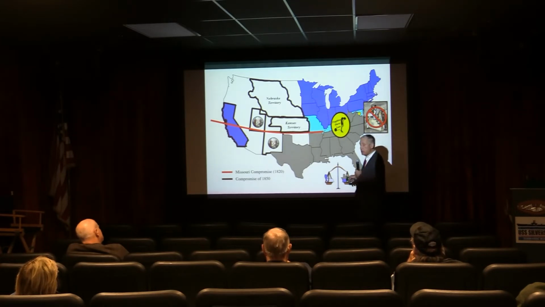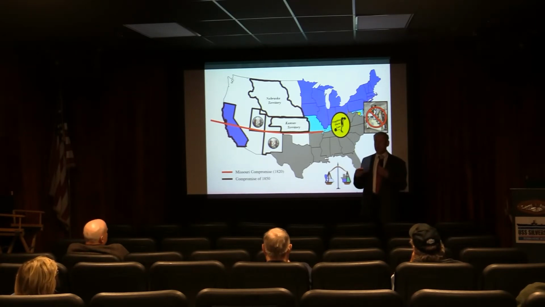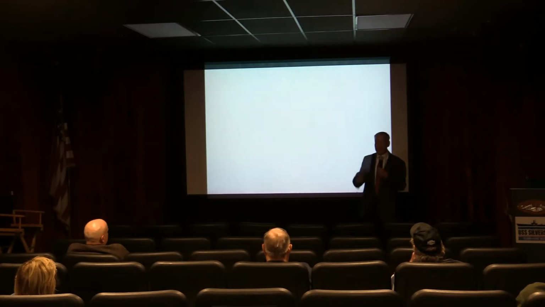It would clearly upset the balance in Congress. With the North gaining additional free states, they would gain the votes, they would gain the power, they could pass laws, they could declare slavery illegal throughout the United States. So there was a great deal of pushback. It appeared that nothing would break the compromise until this guy came along.